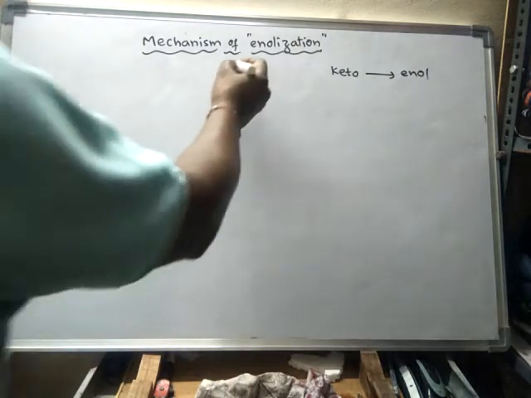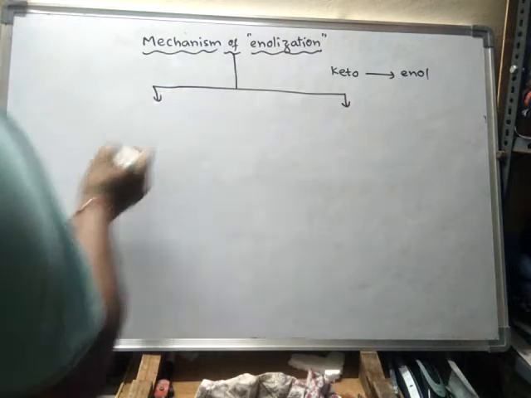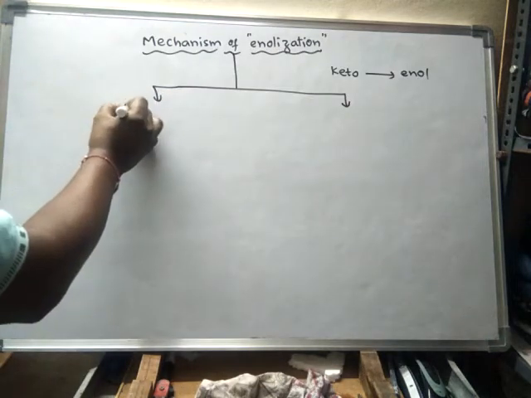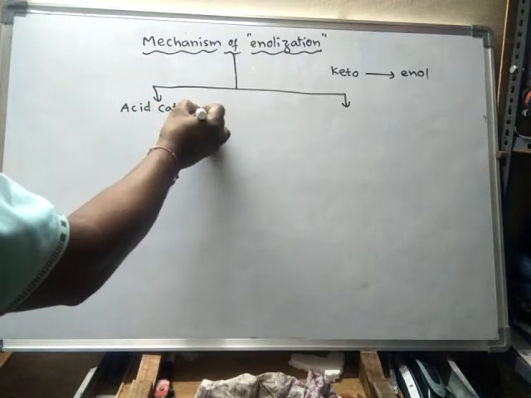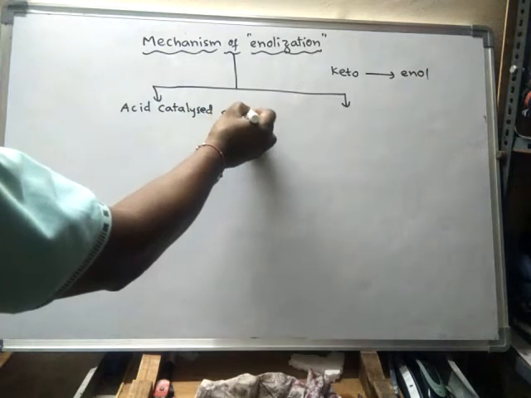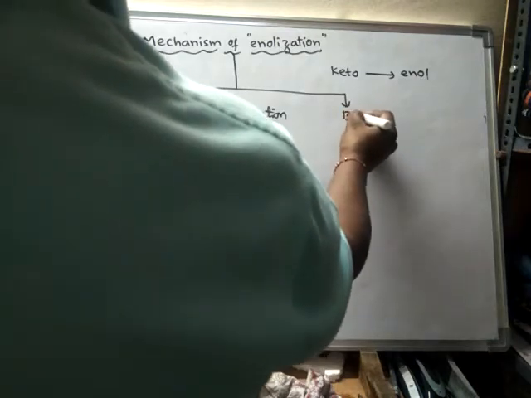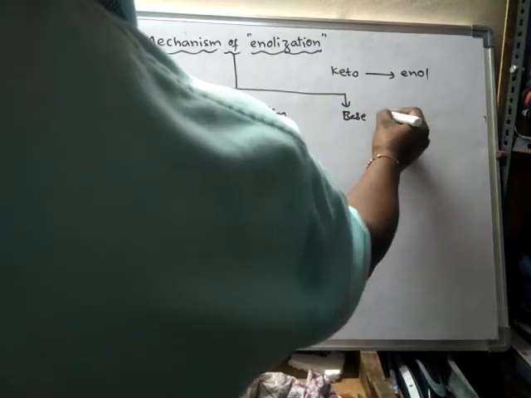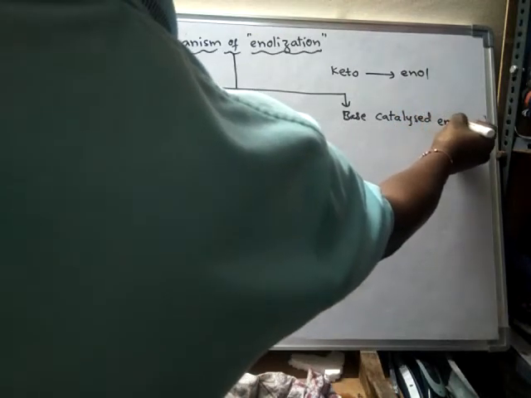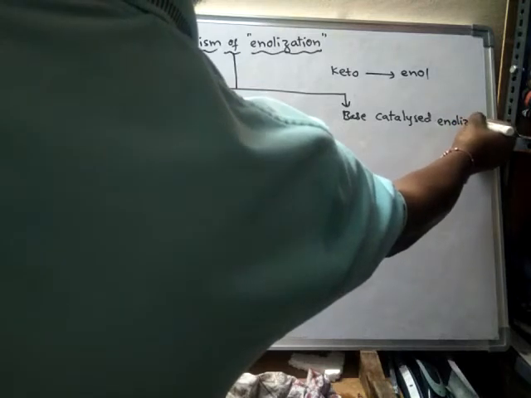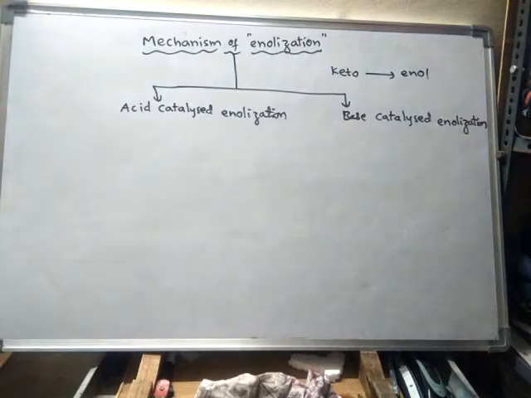The mechanism of enolization can be of two types: acid catalyzed enolization and base catalyzed enolization.